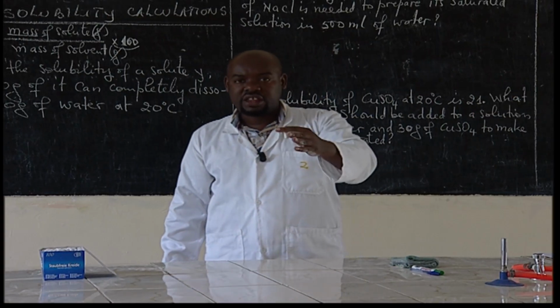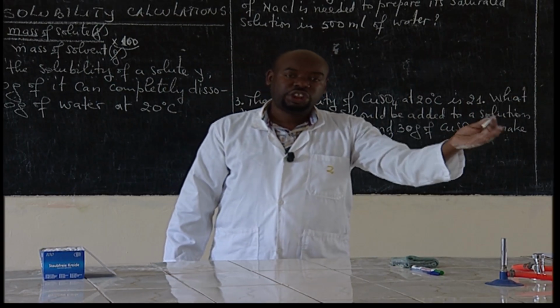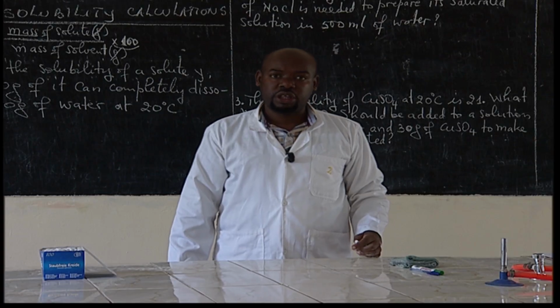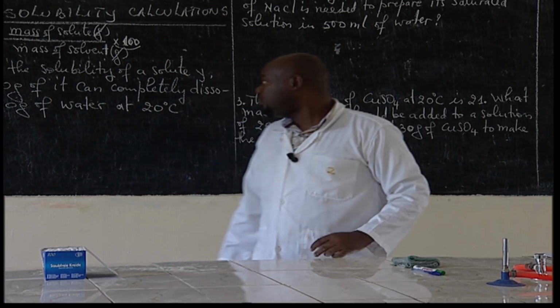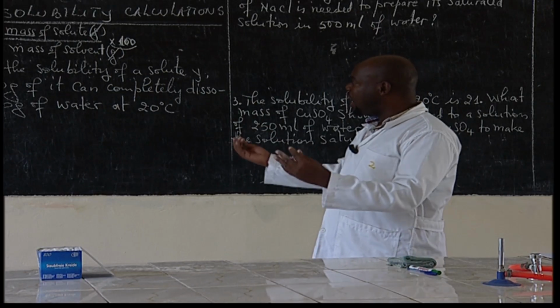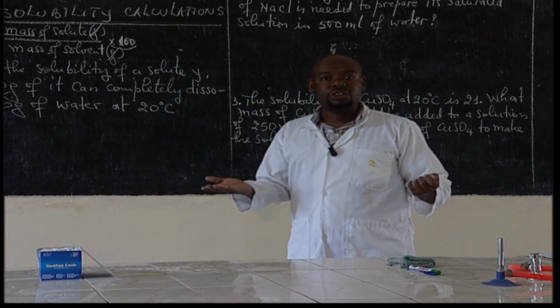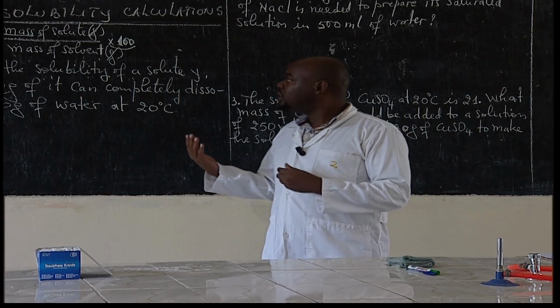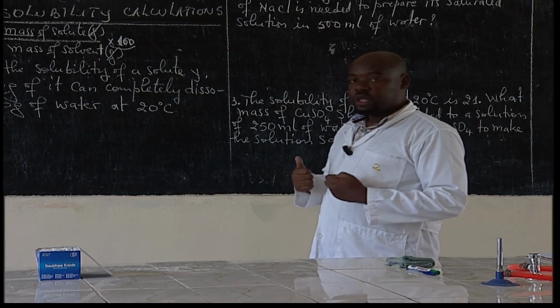If you change that temperature, then you also change what? You also change the solubility. We will see that. Now, let us have a look at the first type of the calculations we can have in this unit.